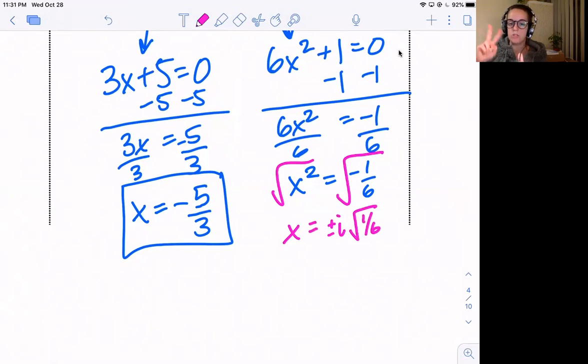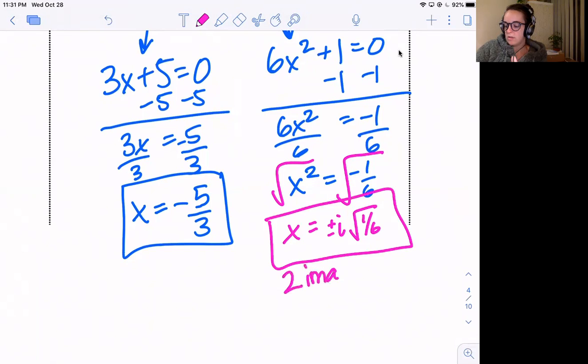Since it was x squared, you should have 2 answers. So these are those 2 answers. I am totally okay if you just write that there are 2 imaginary solutions. We'll come back to this stuff, but you should know that there is 1 real solution, which is negative 5/3, and 2 imaginary solutions, even if you're not able to do the i portion.